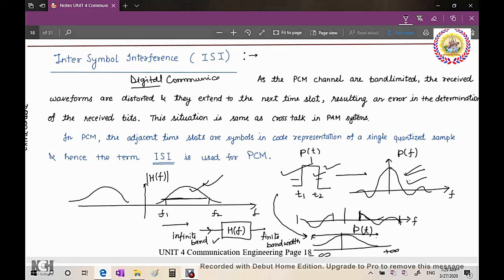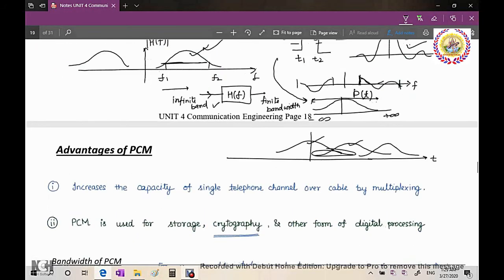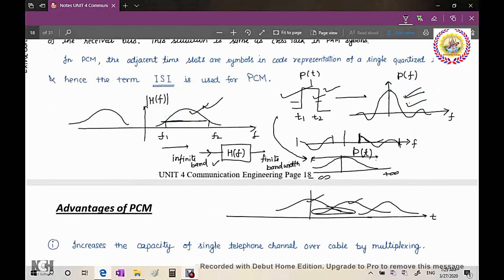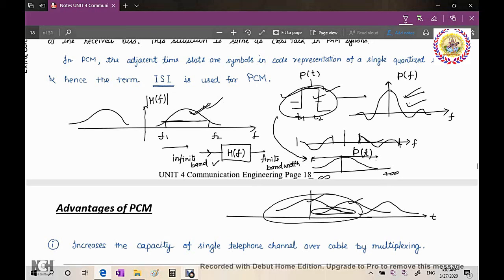But right now I will not explain too much about ISI. I just want to say that because of the band limited phenomenon of the channel, the pulse gets flattened in the time domain, and the finite time domain pulse becomes an infinite duration pulse at the receiving end.